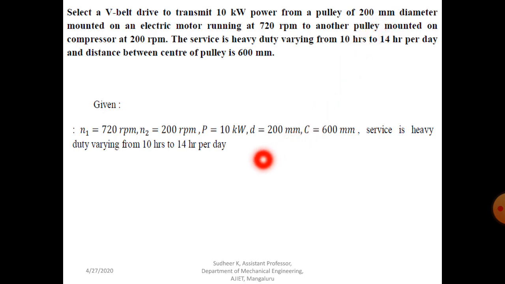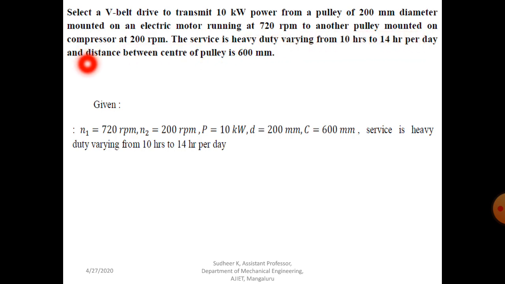It is denoted by small letter D, and the type of driving element is electric motor, which runs at 720 rpm. It means that the speed of rotation for the smaller pulley is 720 rpm. To another pulley, that is nothing but the driven element, located on the compressor.